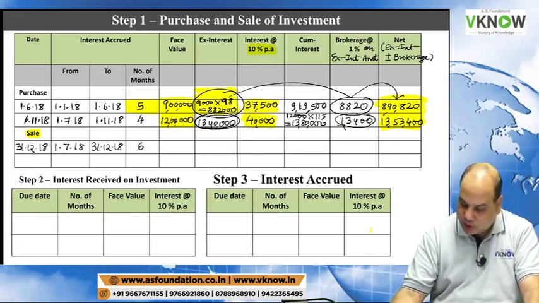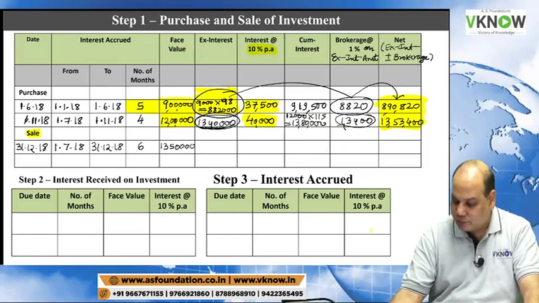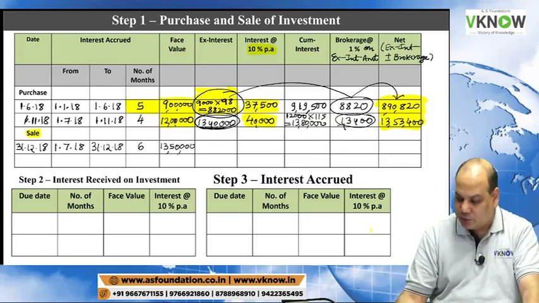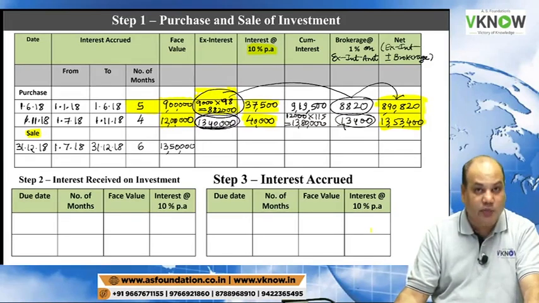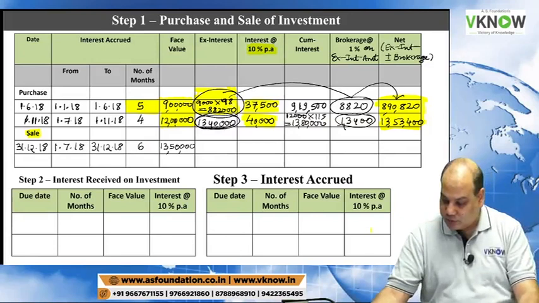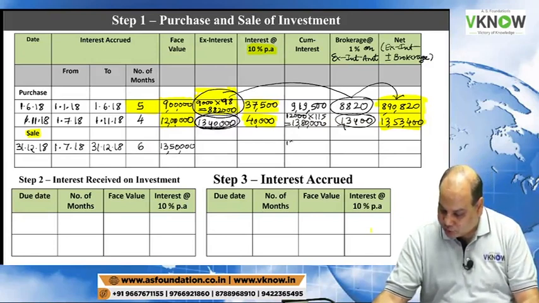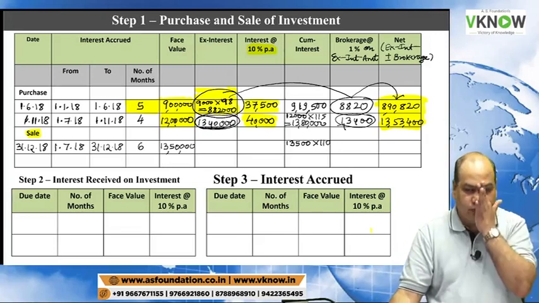And you have sold 13,500 debentures. So 13,500 into 100 is 13,50,000. And it was sold on a cum-interest basis. Cum-interest price is 110 rupees. So go to the cum-interest column: 13,500 into 110.